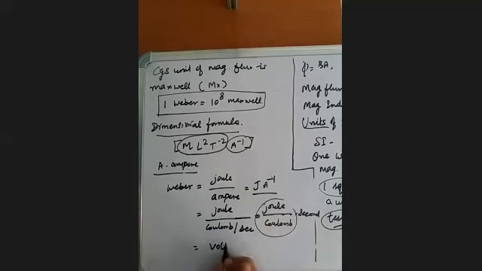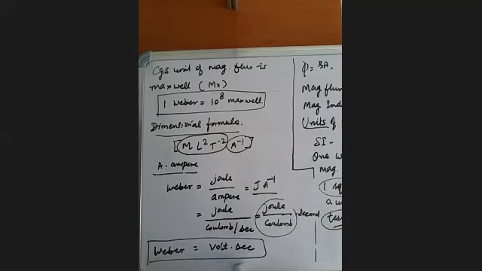It is volt, potential, because this is work done per unit charge. So volt second. Okay, so Weber, if you convert, is volt second. So you should know all these values in the exam. Sometimes instead of Weber, they may write joule per ampere or volt second and so on.